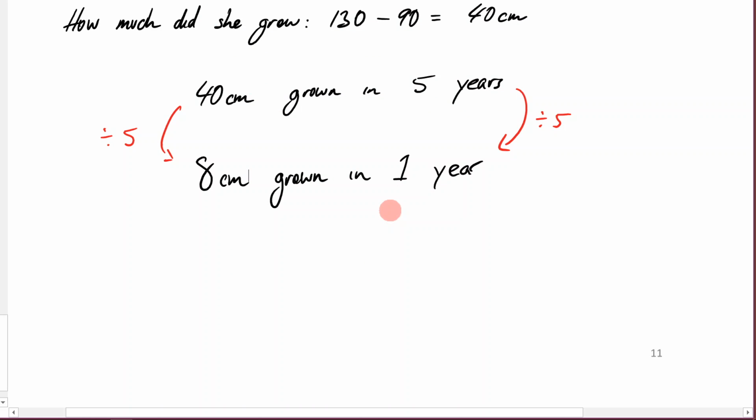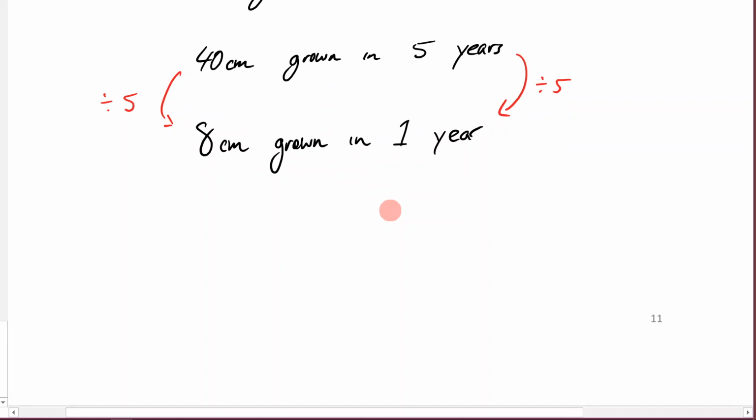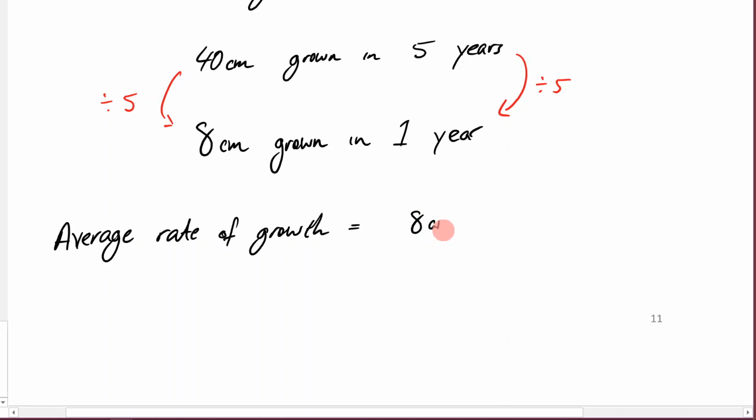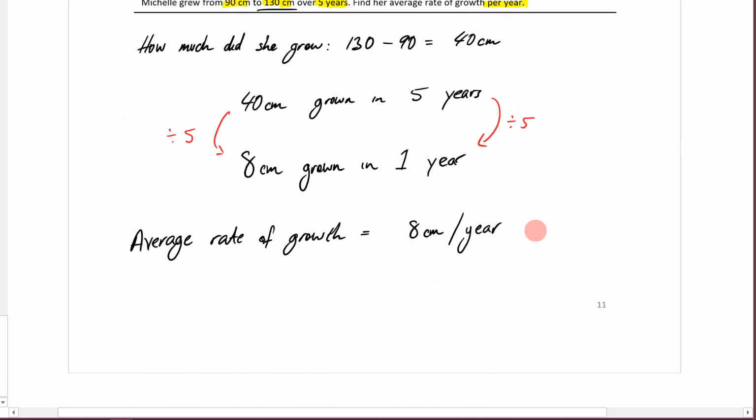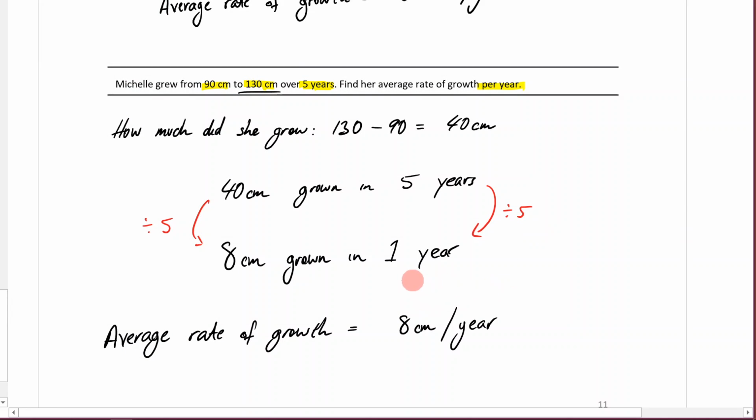So that means we can say that the average rate of growth is equal to 8 centimeters per year. And there we go. That is average rate of growth.